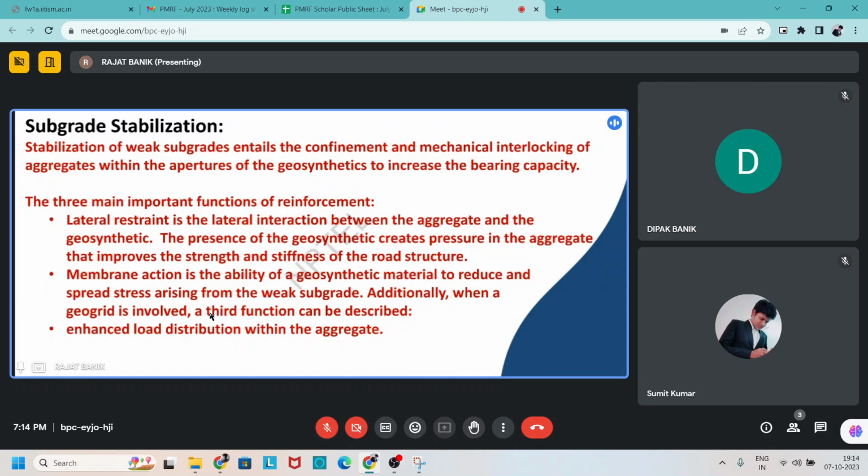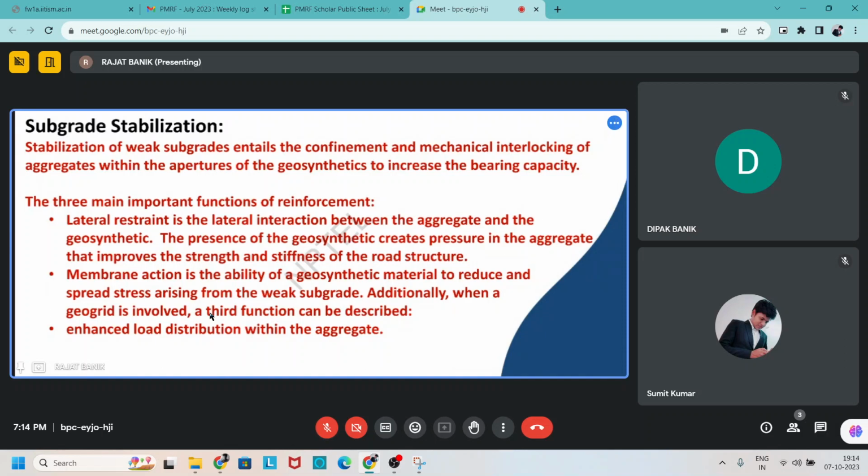So by interlocking and confining the aggregate when we apply the geosynthetic material, we increase the bearing capacity.